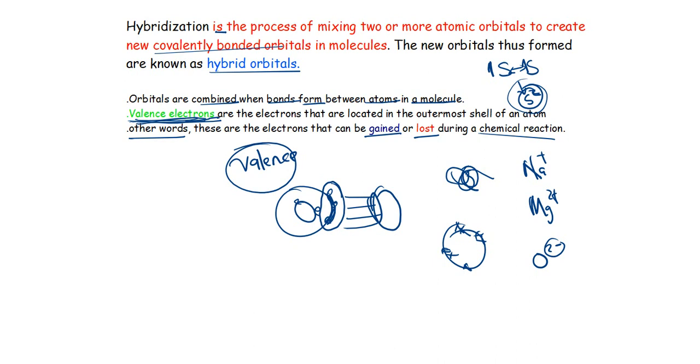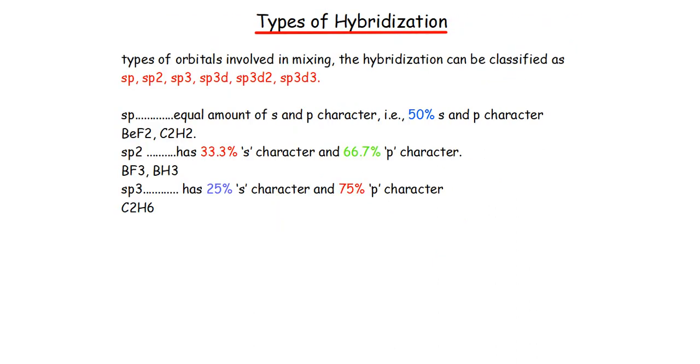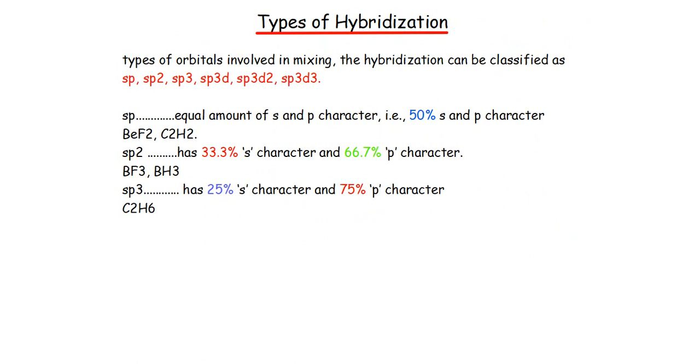So let's go. The types of hybridization we have, there are a lot. There are 3 main ones, in fact. The types of orbitals involved in the mixing can be classified as sp, sp2, sp3, sp3d, sp3d2, sp3d3, sp3d4, until sp3d5.